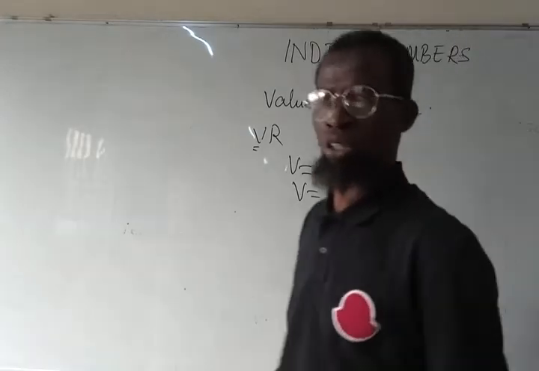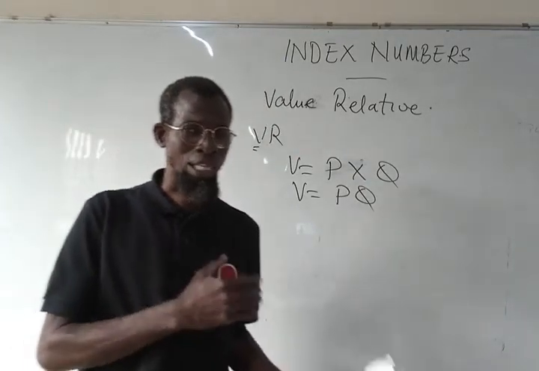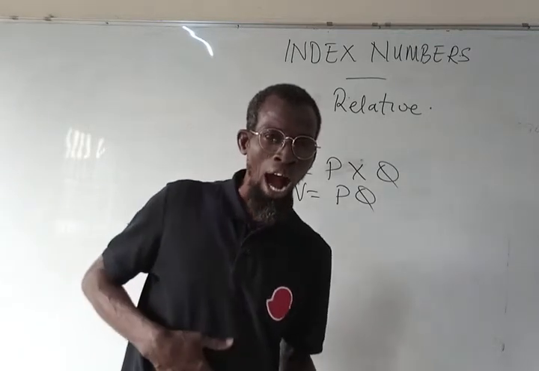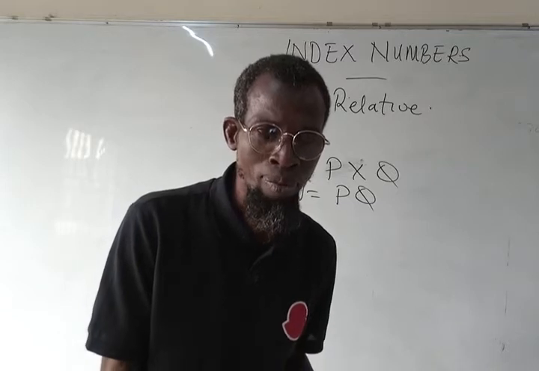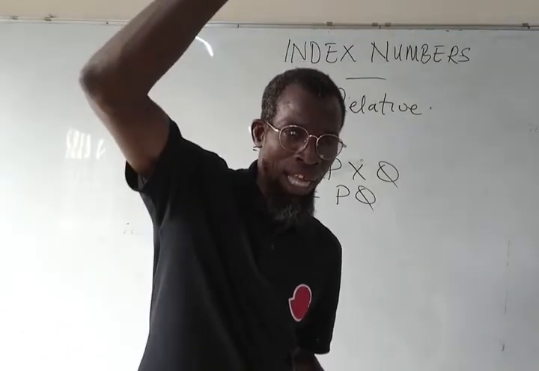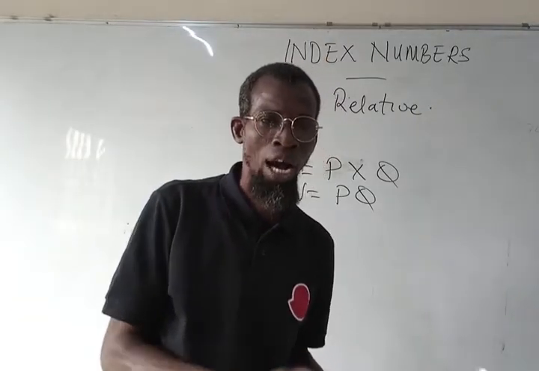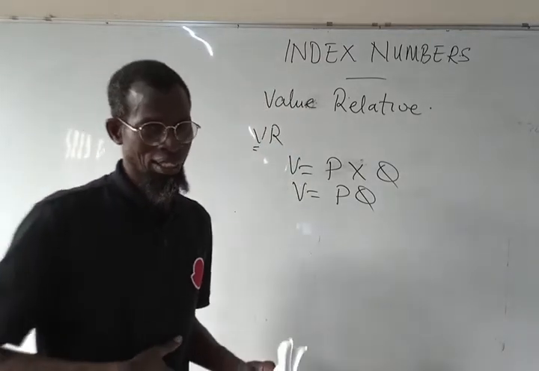Like I've told you, if you go to any petrol station now with your 2,000 naira, you can expect even a full Coke bottle. And when you use that 2,000 naira as of 3 years ago, you know the quantity of petrol you would get.